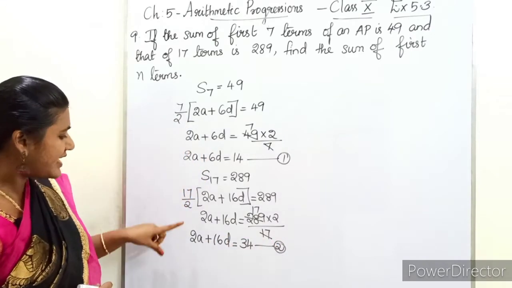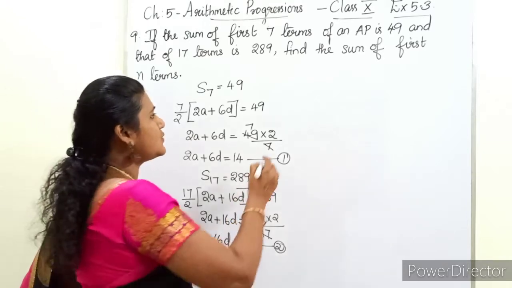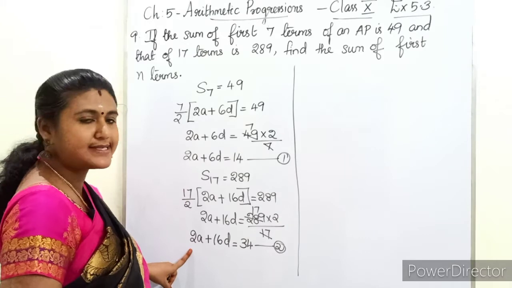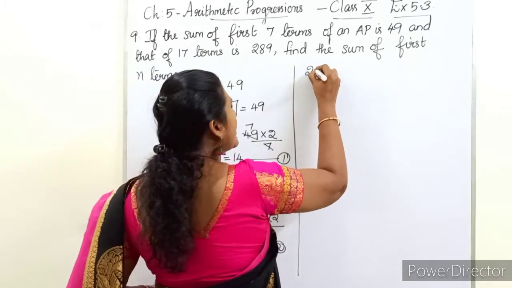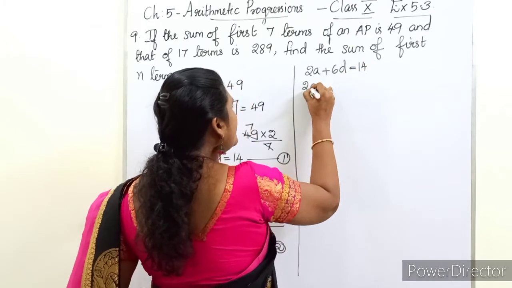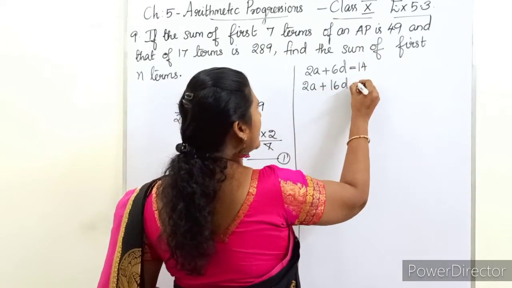Now we have to solve these two equations. We will subtract equations 1 and 2 because the coefficient of a is the same. So 2a plus 6d is equal to 14 and 2a plus 16d is equal to 34.